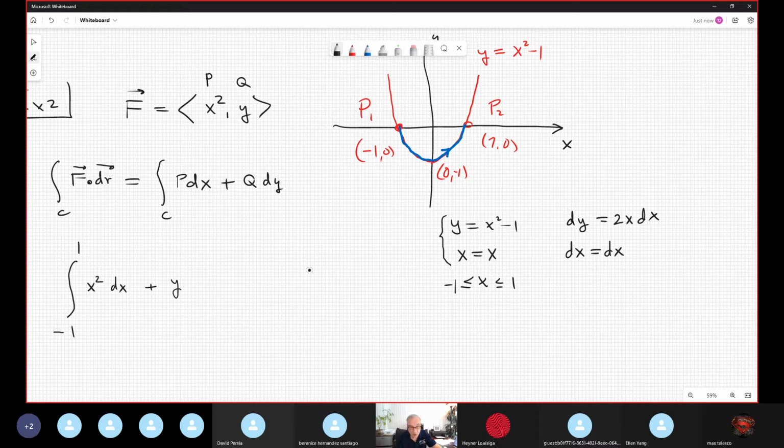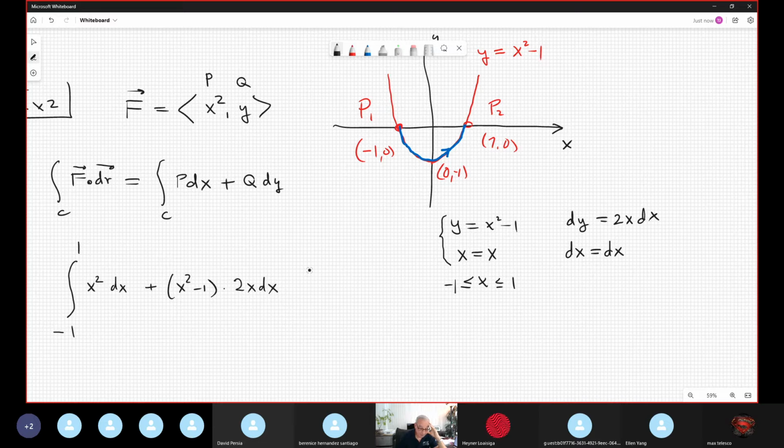It doesn't matter if you select y or x; I prefer x. So actually, no y anymore. I write on this line the relationship between y and x: x squared minus 1, multiplied by dy, and dy is 2x dx. Do you understand this?